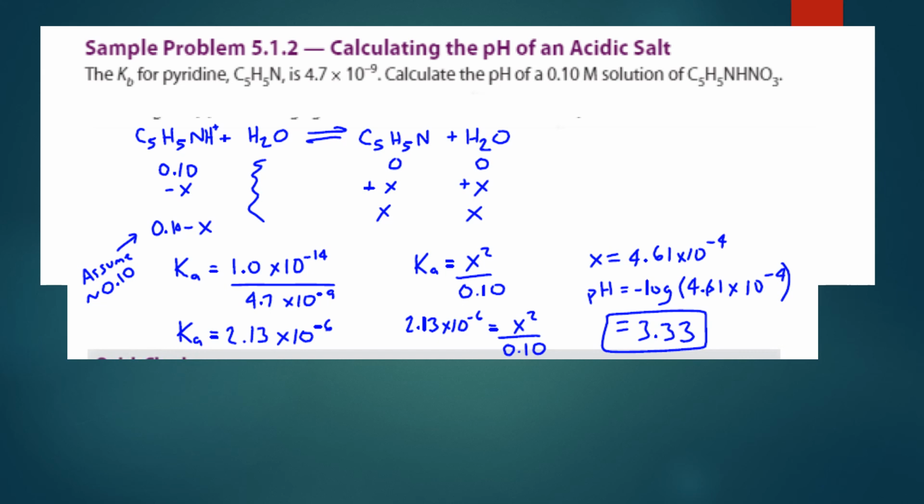And I'm going to assume it's 0.10 and just get rid of that x, assuming it's very, very small. When I solve for x, I get x is equal to 4.61 times 10 to the negative 4. There's my concentration. And to find the pH of this solution, I'm going to take the negative log of that, and I get a pH of 3.33.